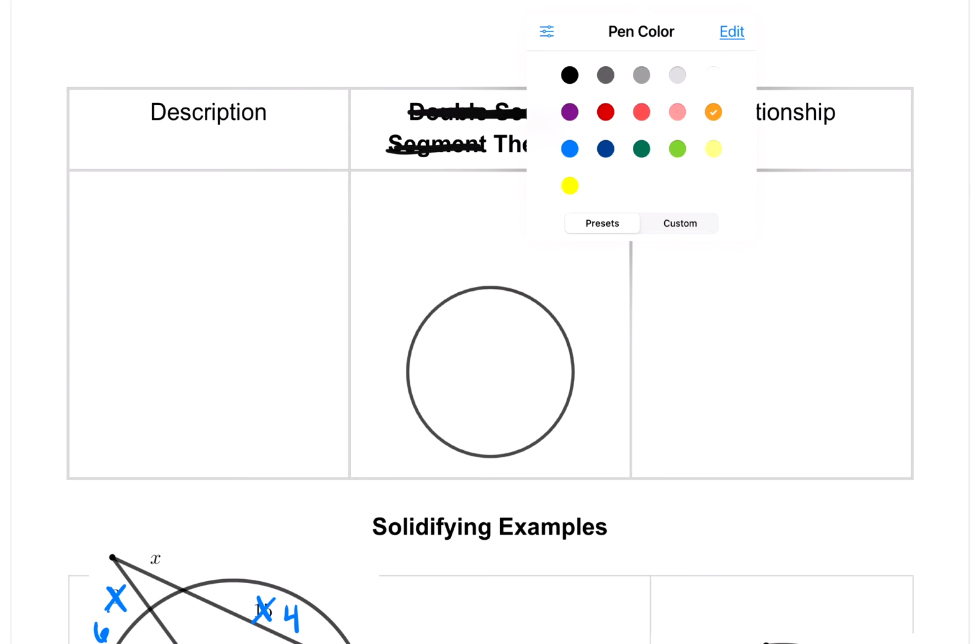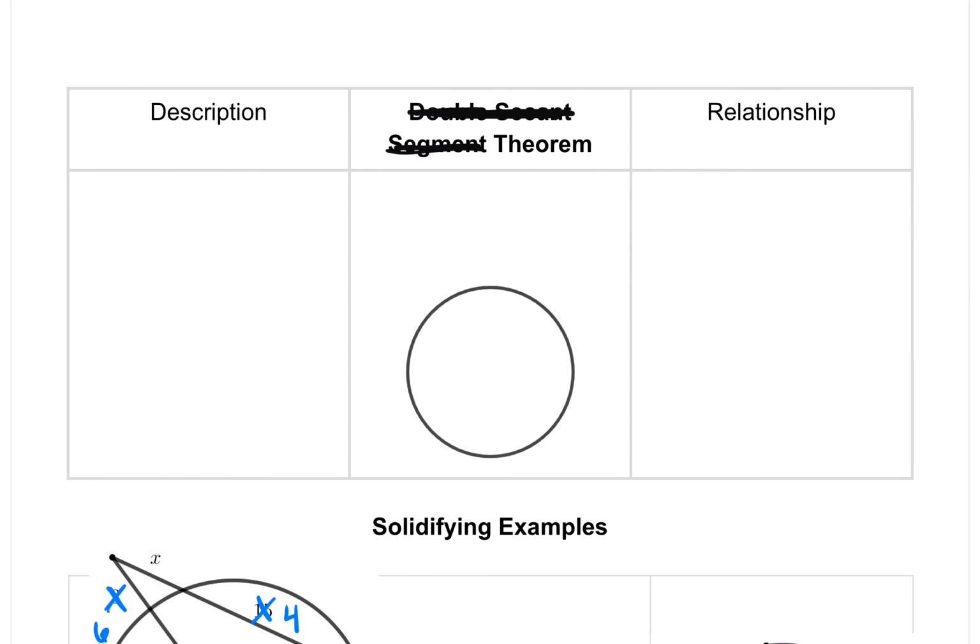I don't know if you guys have whiteout. But what we can do is I'll just scribble over this in white. This is supposed to say the secant tangent theorem, so that's what we'll write here. If not, you can just scribble it out and write it up here somewhere. That's totally fine too. As long as we know they're different, it's not a big deal.